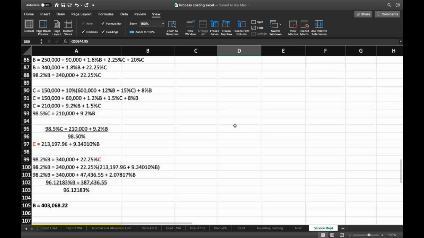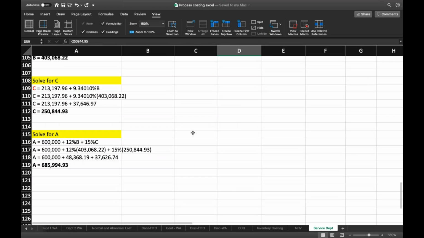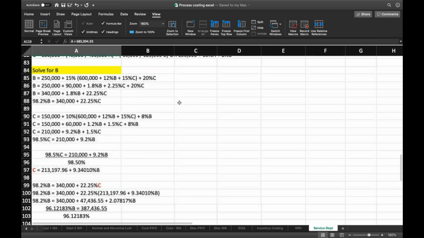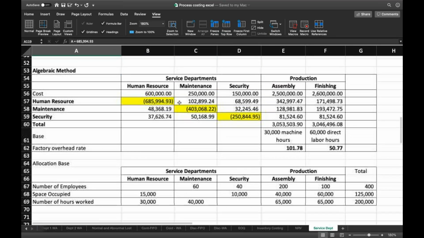Now for the letter A, or the human resource department, again, simply replace the value. Since we have the value for B and the value for C, we can now compute the value of A, which is 685,994.93. This one.